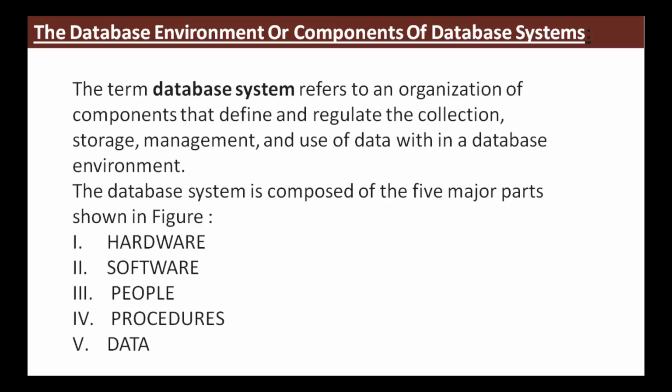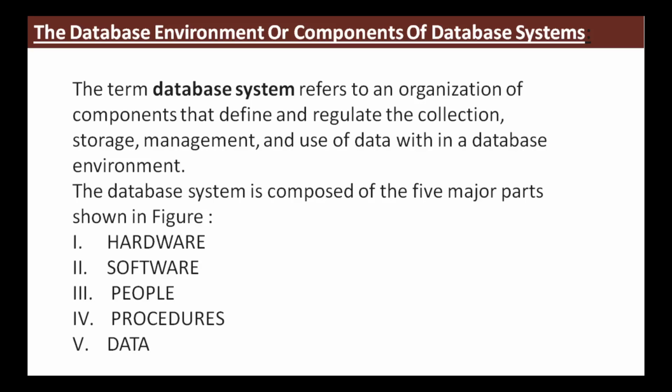What is a database system? The database system refers to the organization of some components. Those components are used to define, regulate the collection, storage, management, and use of data within the database environment. Already we know that in database systems we maintain database structures in order to maintain the end users' data, with the help of the DBMS software.